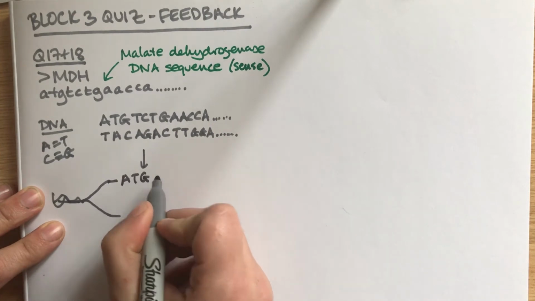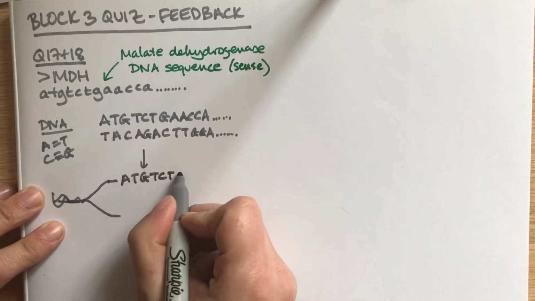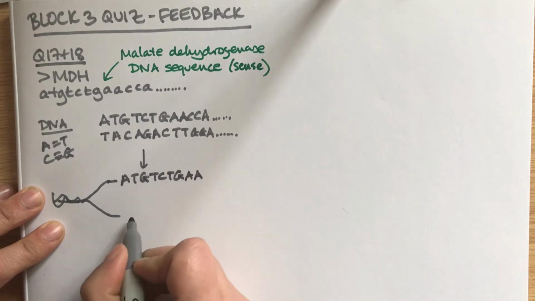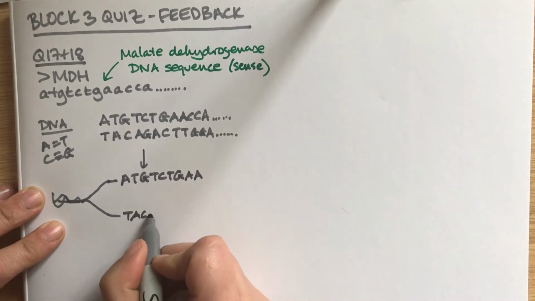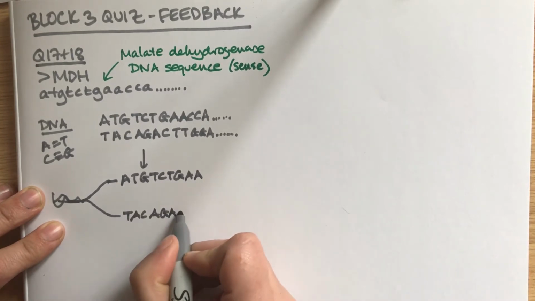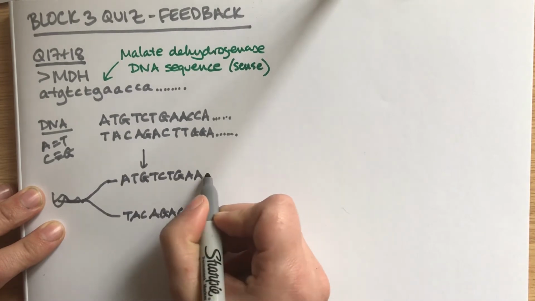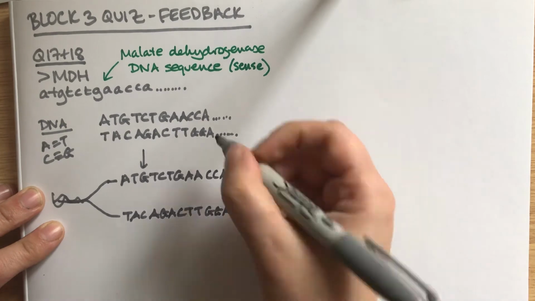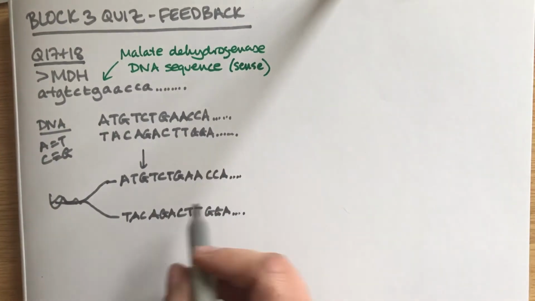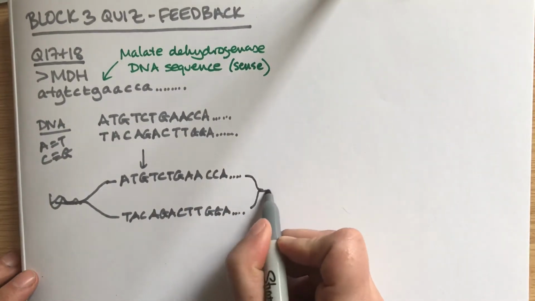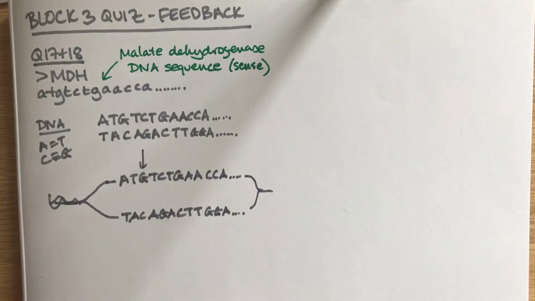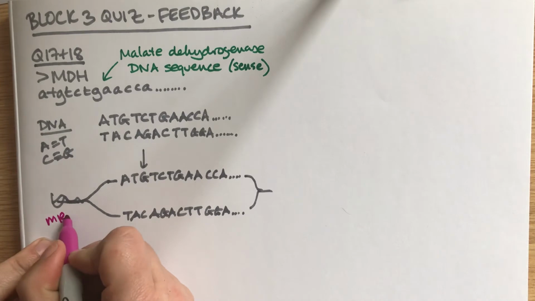We've now got those two strands separated: TAC, AGA, CTT, CCA. That's exactly the same thing, but the two strands are separated. And of course, they come back together again at the end of the bubble. So the question was, what's the mRNA sequence?